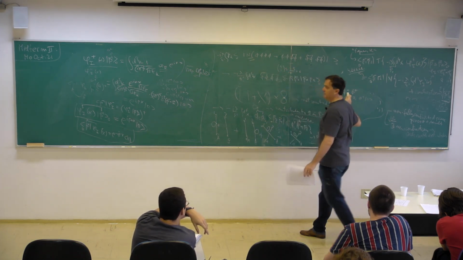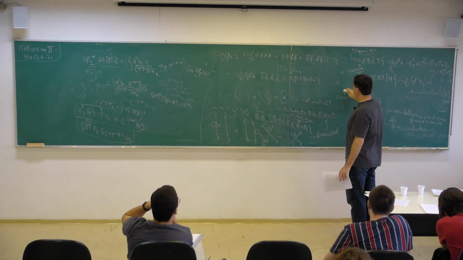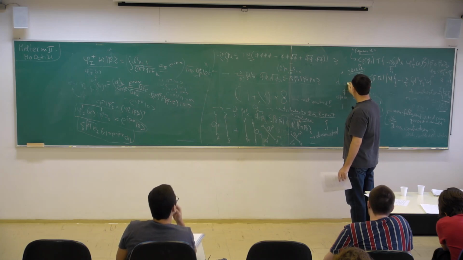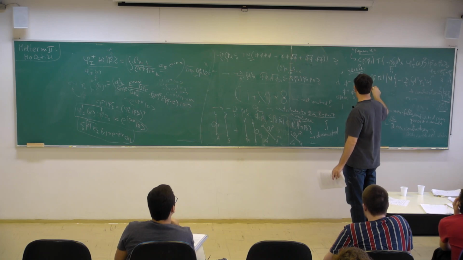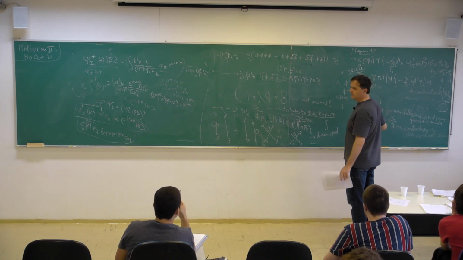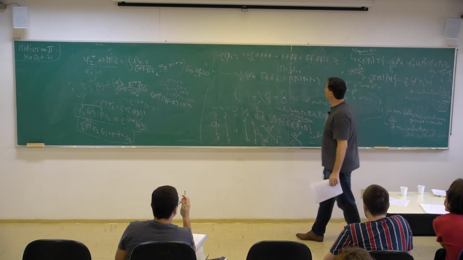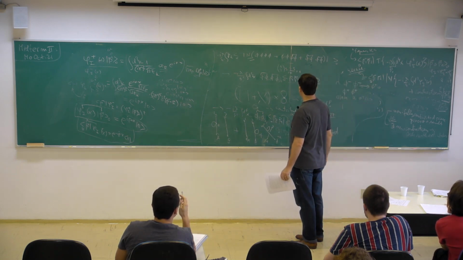Normal order means if I have phi minus, phi plus, I must. Oh, so perhaps that's why you wrote 2 instead of 6 in front of. I don't know. Right, maybe.